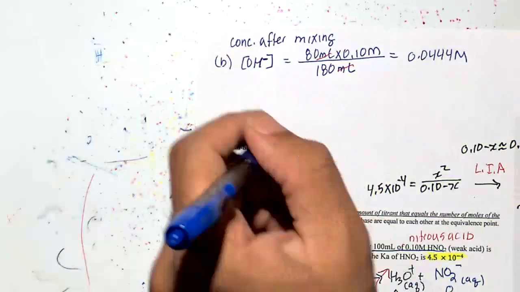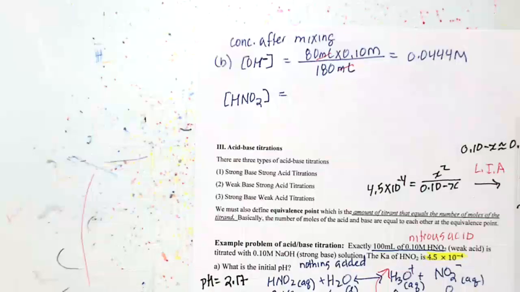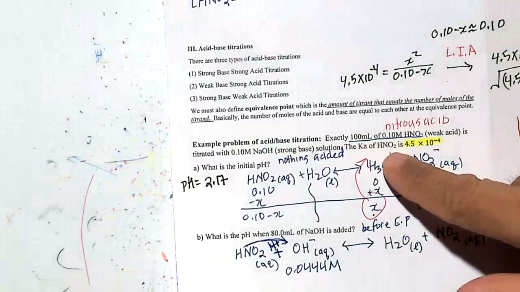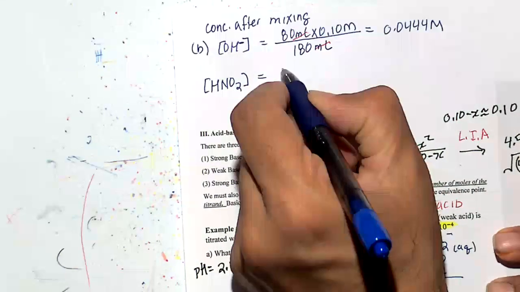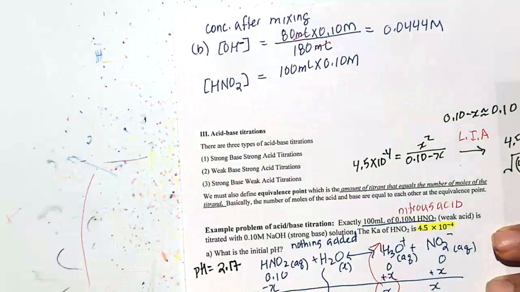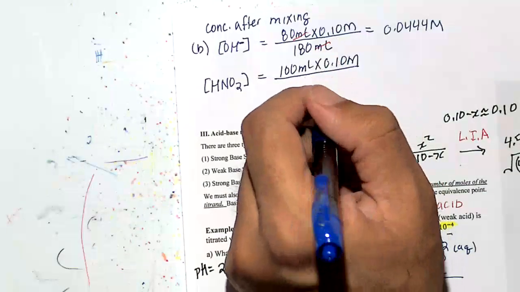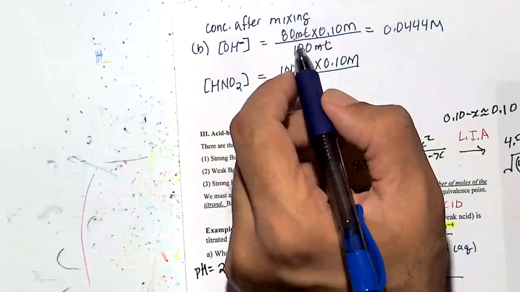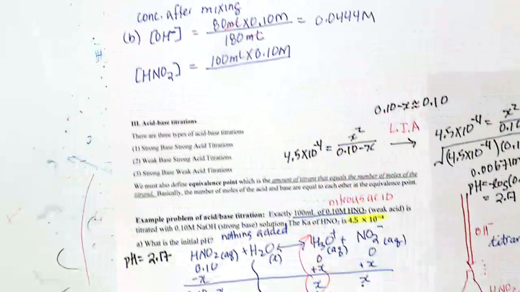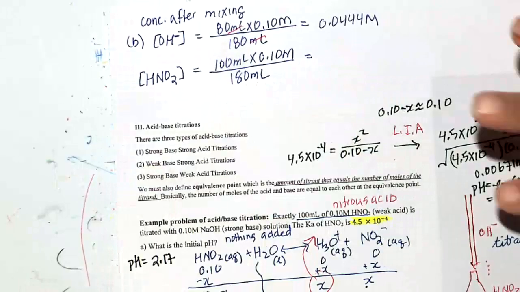Okay, what's the concentration of HNO2? Everyone look at me now, or look at the piece of paper. We have 100 mils of 0.10 molar HNO2. What is our total volume after mixing? 100 mils here, 80 mils added in part B, so what's our total volume? 180 milliliters.